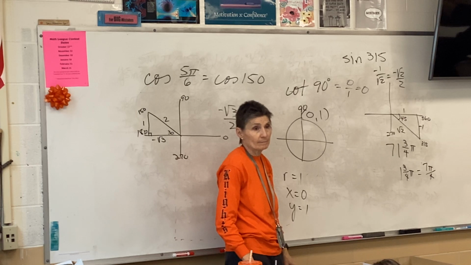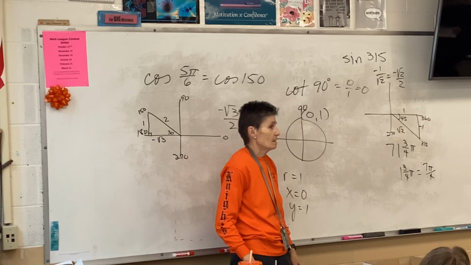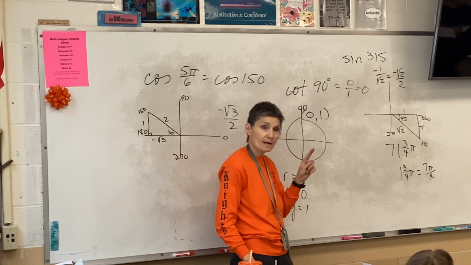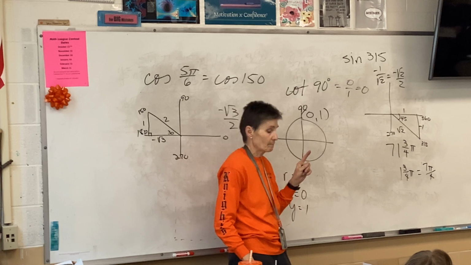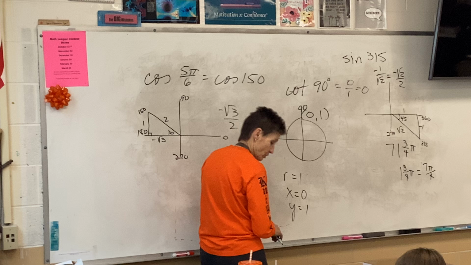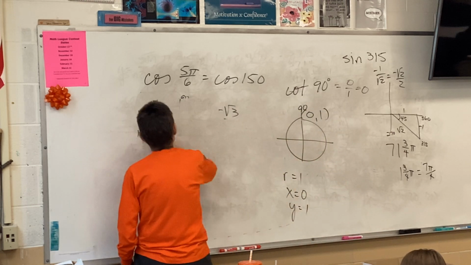All right? If your angle is too big, get rid of the parts you don't need. And what can you get rid of? Revolutions. 2 pi's or 360s. Find a positive coterminal angle for 8 pi over 11.